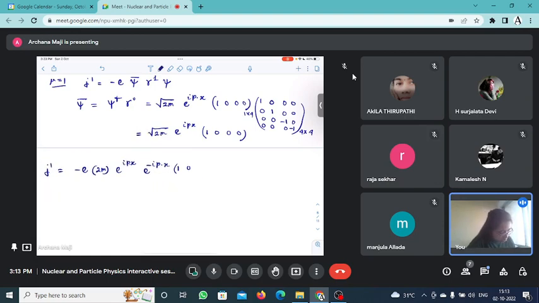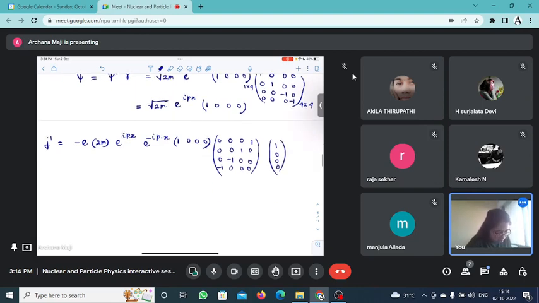Then 1 0 0 0, and gamma 1 is 0 0 0 0 0 1 1 0 0 minus 1 minus 1 0, and then the psi vector, which will give us minus E 2m.